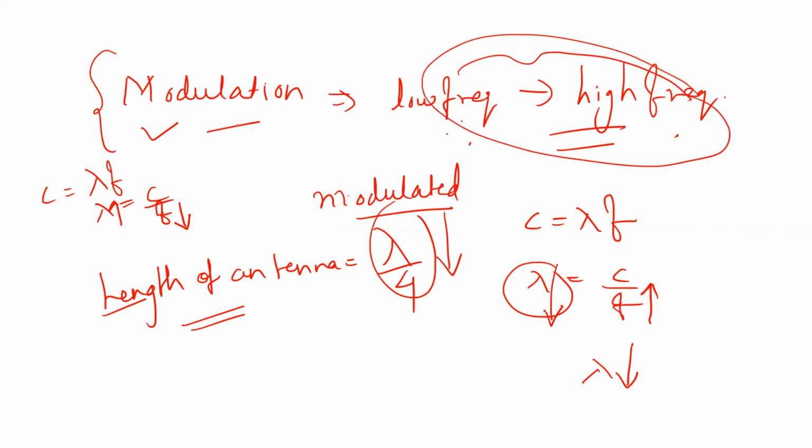Since C is equal to lambda F, lambda is equal to C by F. As my frequency increases, my lambda value reduces, which lets me keep the antenna size smaller, which is very cost-effective.